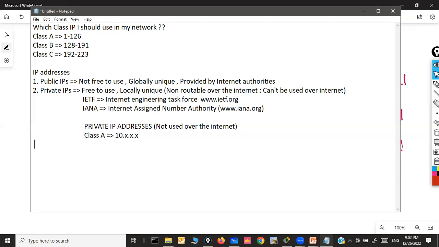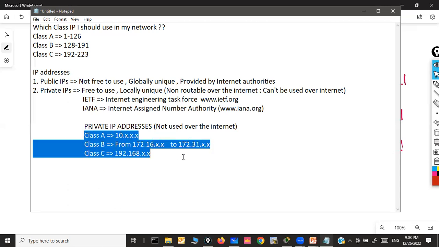In class A, any IP starting with 10. In class B, any address from 172.16 to 172.31. And in class C, any address starting with this, right?